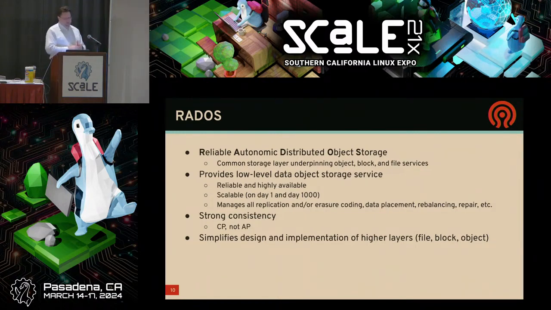Data placement, replication, rebalancing, repair, all of that comes from Rados. It is strongly consistent, and because it solves all the storage problems in one place, it simplifies the implementation of services on top of that, whether it's the 3 services that almost everybody uses, or the custom applications that some adventurous customers write directly against Rados.